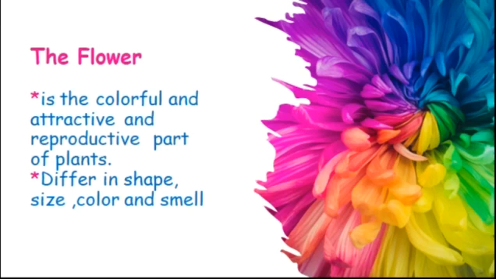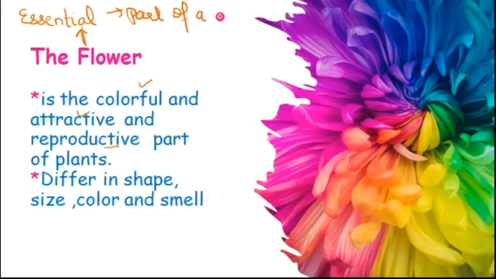A flower is a colorful, attractive and reproductive part. As I asked you, why is it an essential part of a plant? Basically, the flower is involved in reproduction.